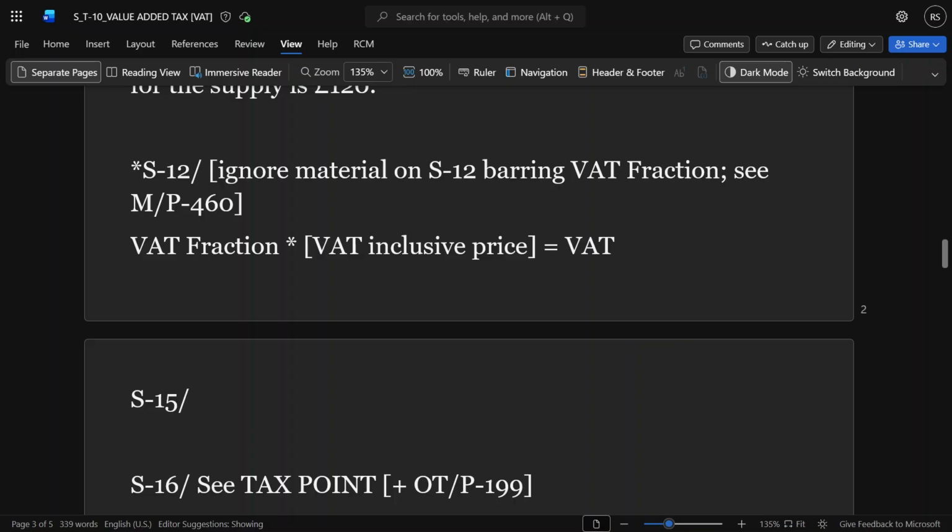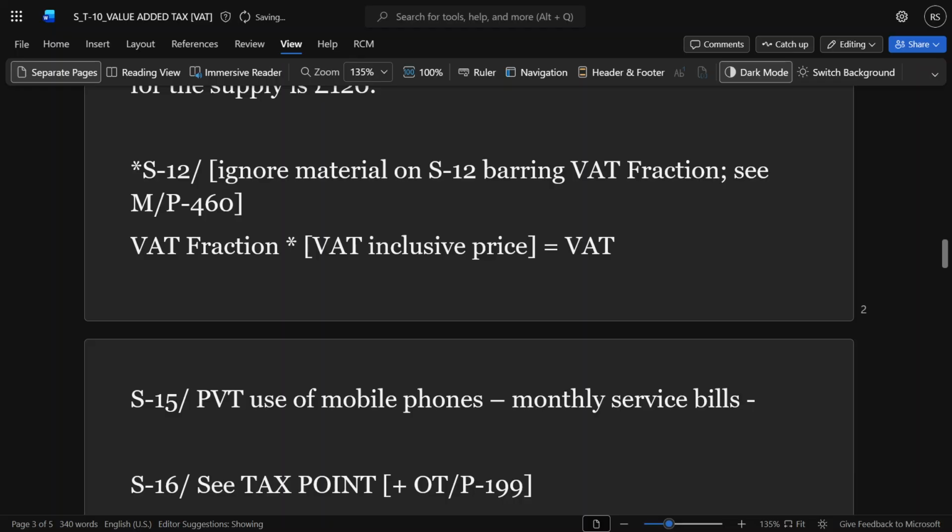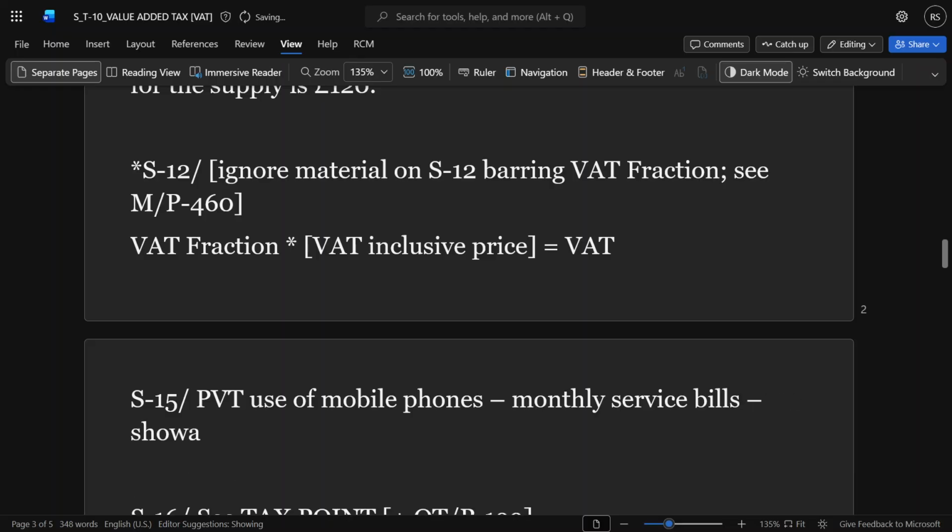Slide 15. Okay. Private use of mobile phones, monthly service bill, show as self-supply in out.